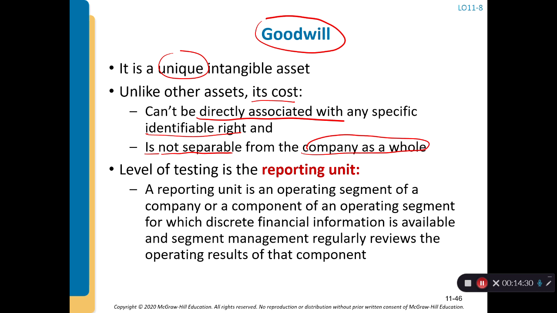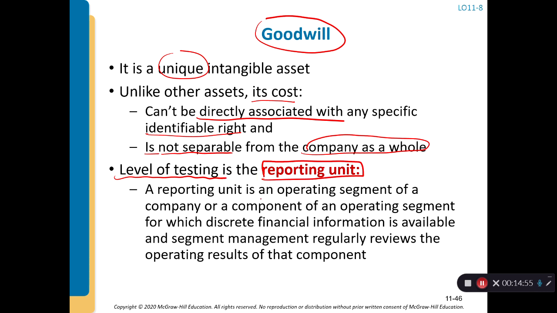Because of these unique characteristics, we discuss goodwill separately, although conceptually the measurement of impairment for goodwill is the same as for all other indefinite life intangible assets. By its very nature, goodwill is inseparable from a particular reporting unit, hence the level of testing for recoverability is based on the reporting units.